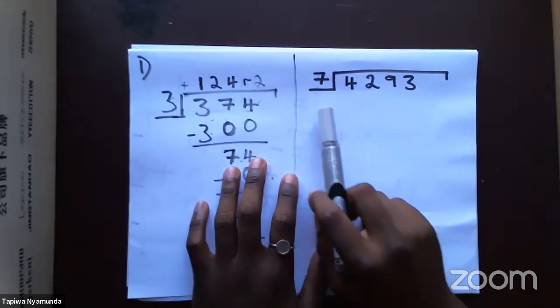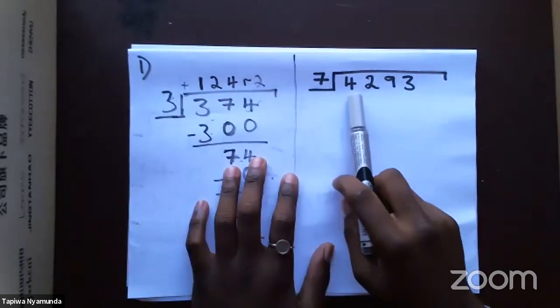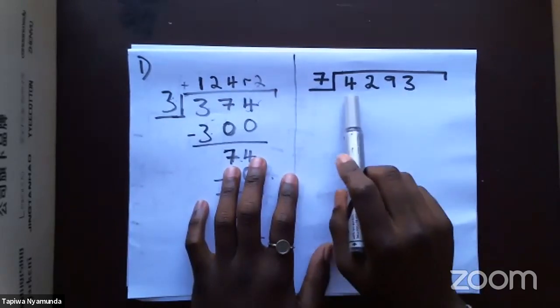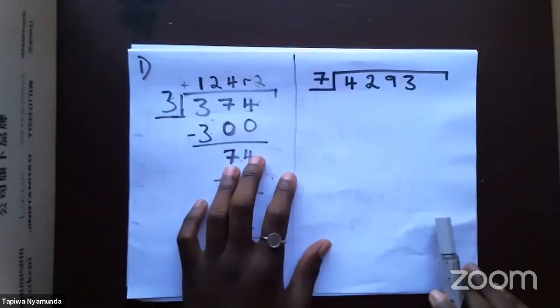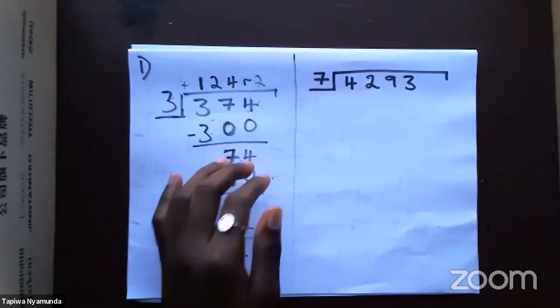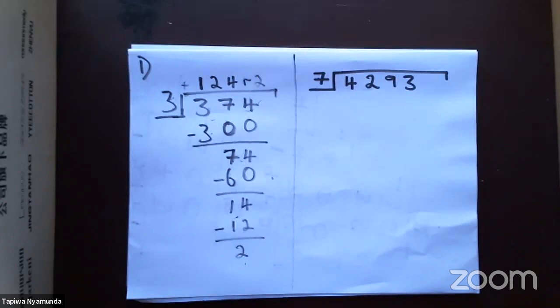What do we have here? You're saying 7 into 4. We cannot say that because it is 4. So we say 7 into 42. What are we going to get, guys? When we say 42 divided by 7, we get 6.